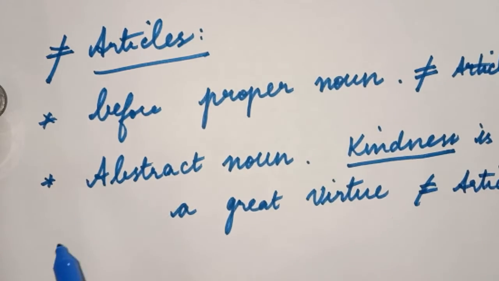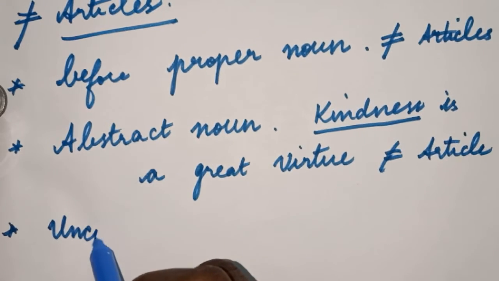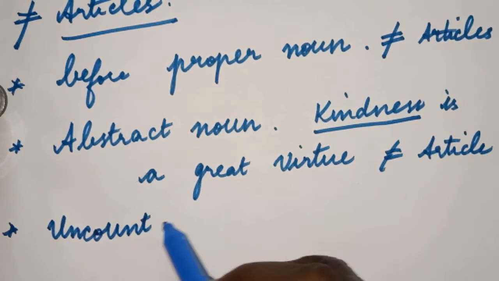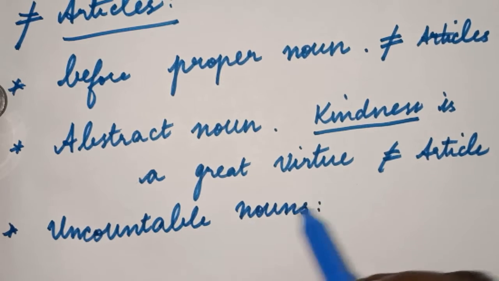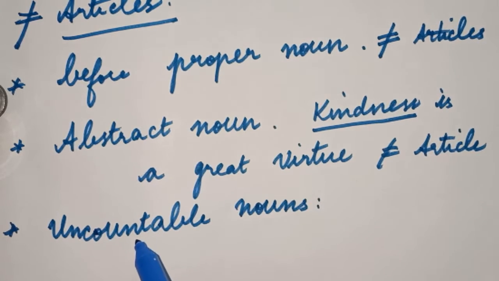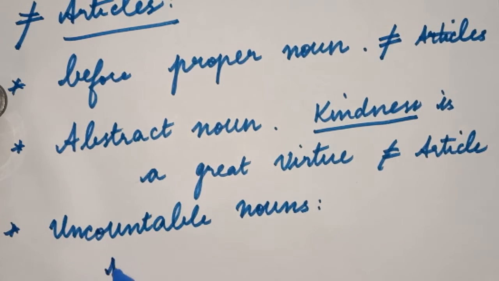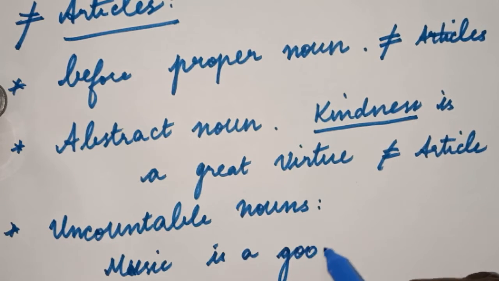And the next one is uncountable nouns. What are uncountable nouns? Uncountable nouns are nouns which you cannot count. For example, music is a good stress reliever.